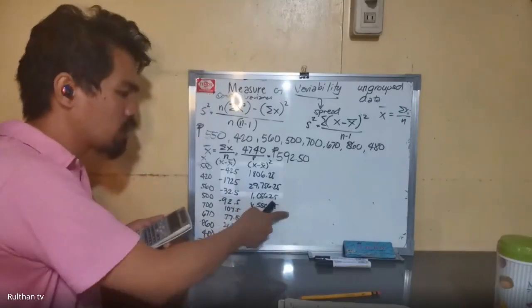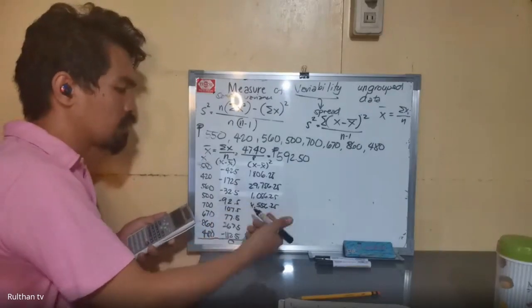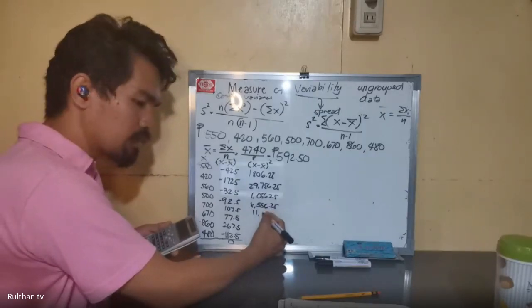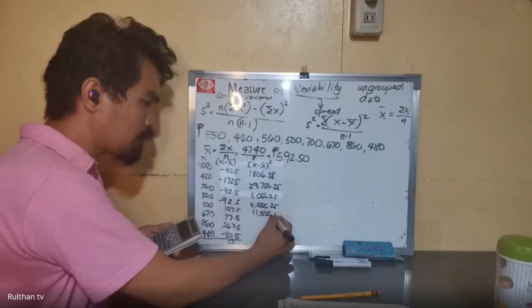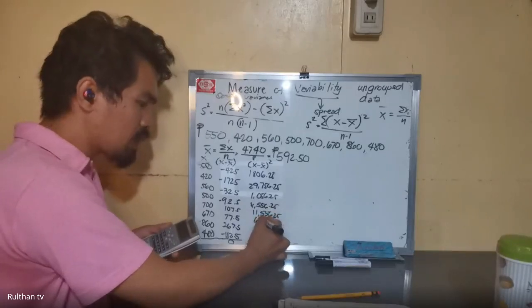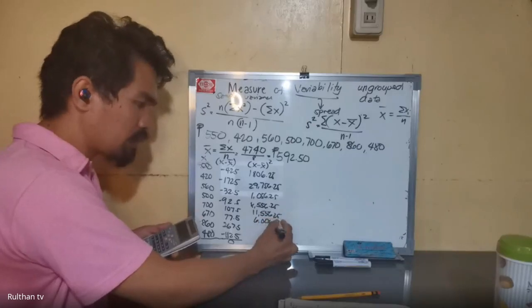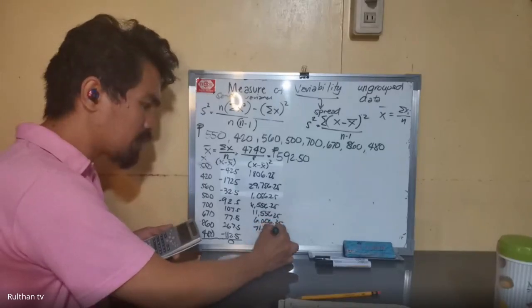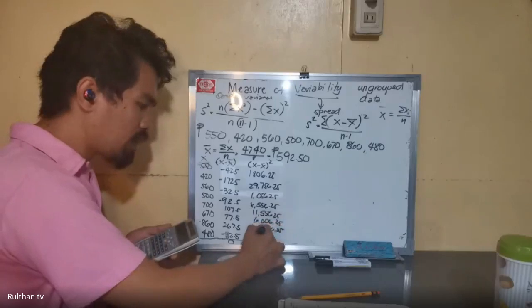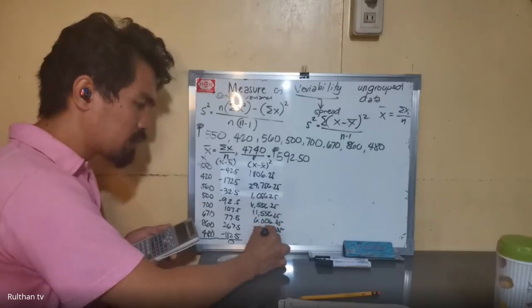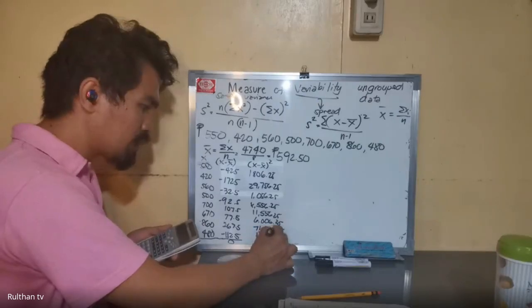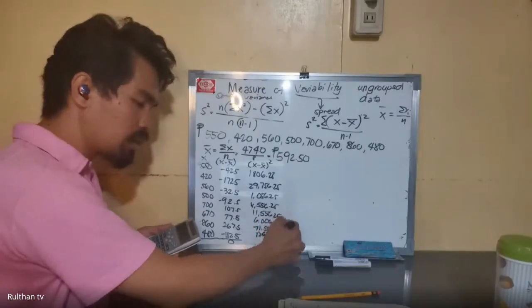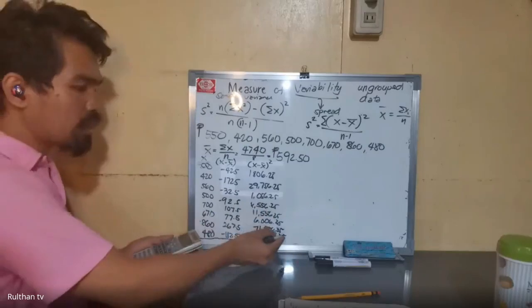I skipped the 11,556.25. Then 6,006.25, 71,556.25, and then you have 12,600.25.